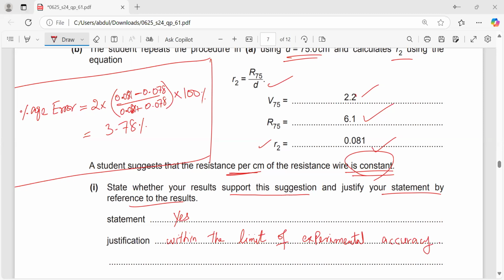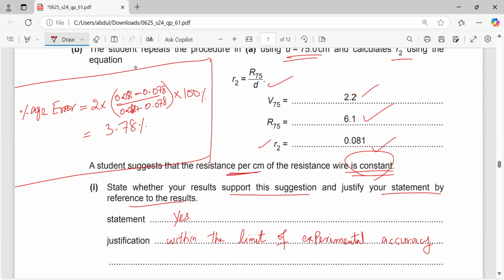So if your percentage error comes within 10% or less than 10%, in the statement we always write yes, and we say within the limit of experimental accuracy. But if this percentage error was 30.7%, we would write in the statement no, outside or beyond the limit of experimental accuracy.